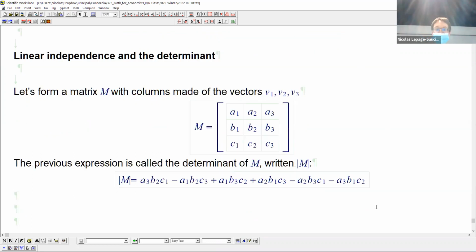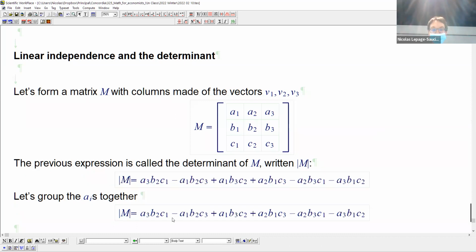And now let's make some stuff appear. So let's group the A's together. So we can express it this way.